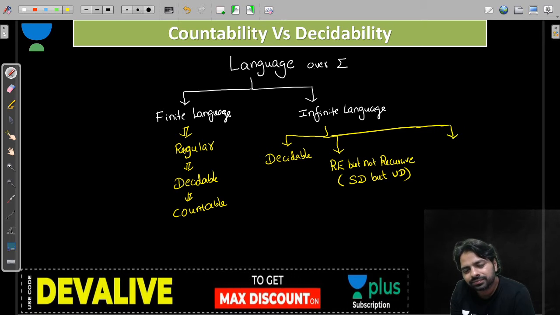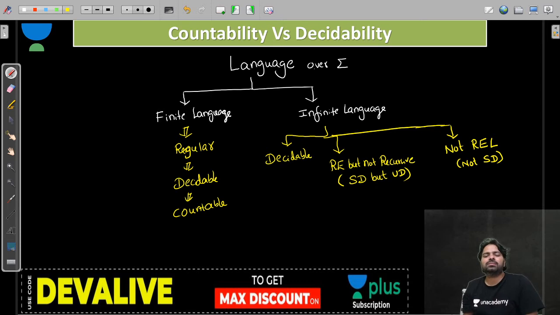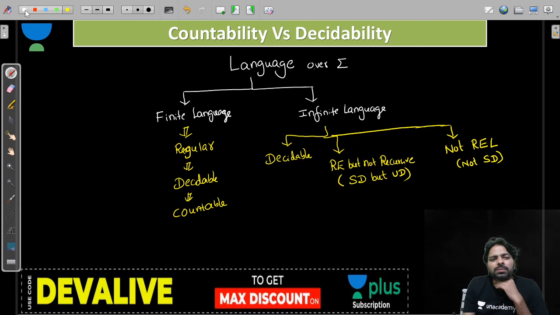Third, not RE, you can say not SD, not semi-decidable.